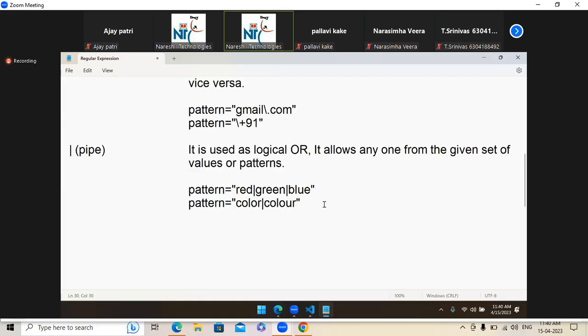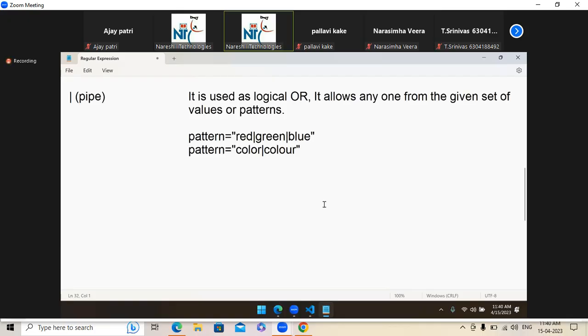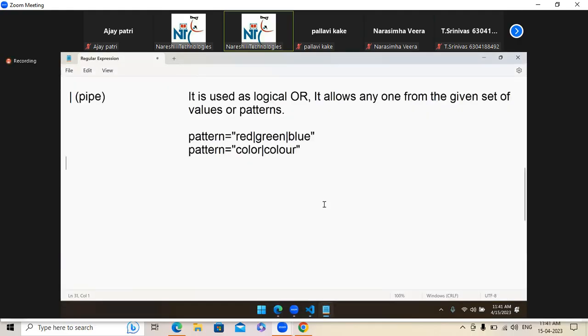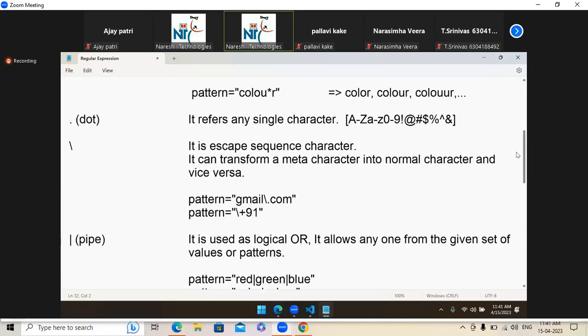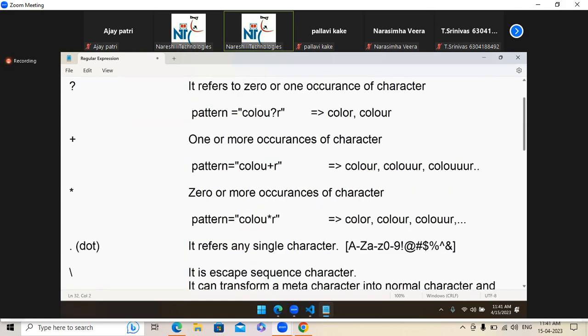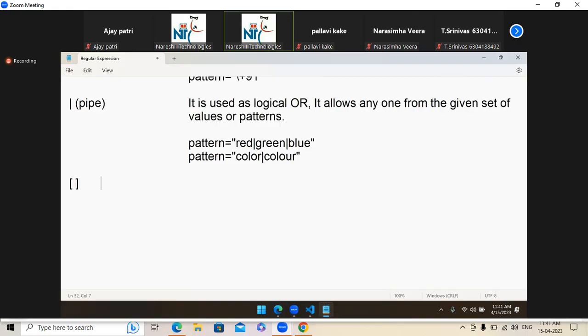So pipe is used for multiple options. Now there are other meta characters, which you will see later, but as of now I will just mention them. The square brace defines a range. Later we will see how to write expressions, because for that we need to learn how to build an expression.